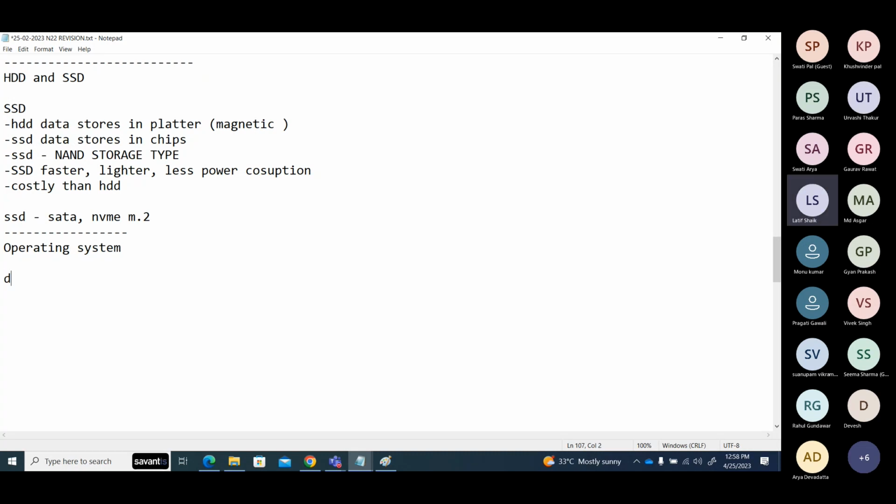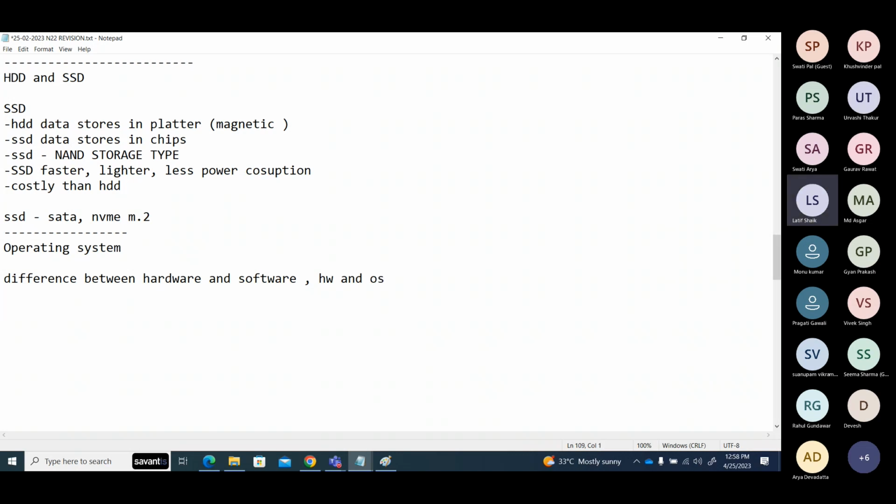What is the difference between hardware and software? Some people will ask the difference between hardware and operating system.